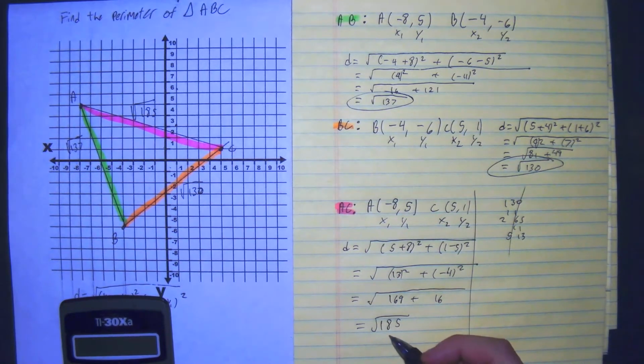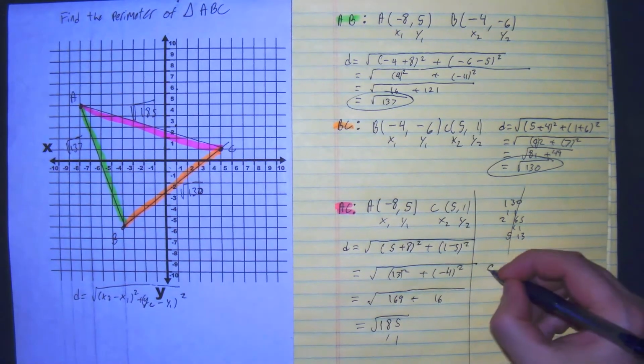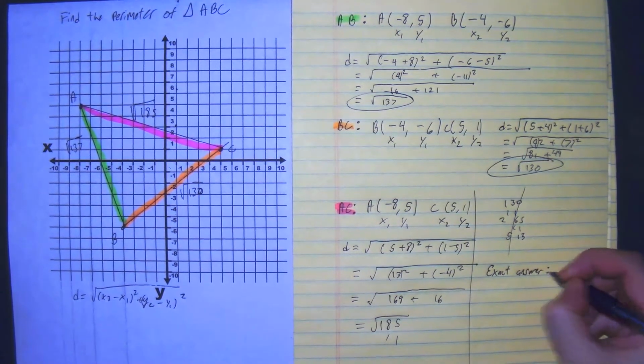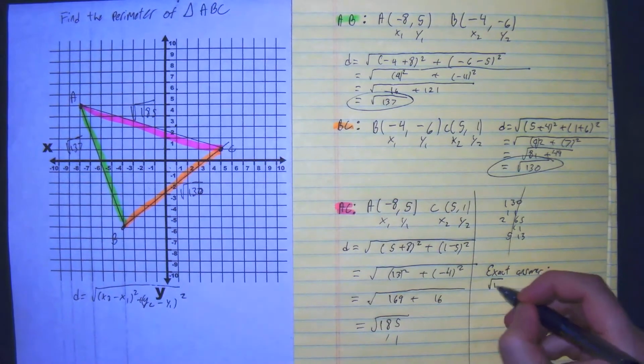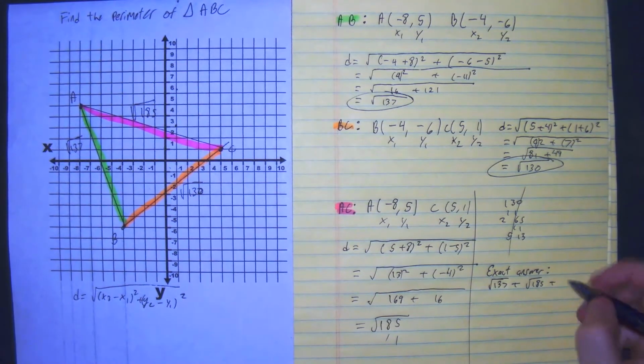Let's try 185. 185 divided by 5 gets us 5 and 37, doesn't break down. So our exact answer would be the following: square root 137 plus square root 185 plus square root 130. That would be our exact distance.